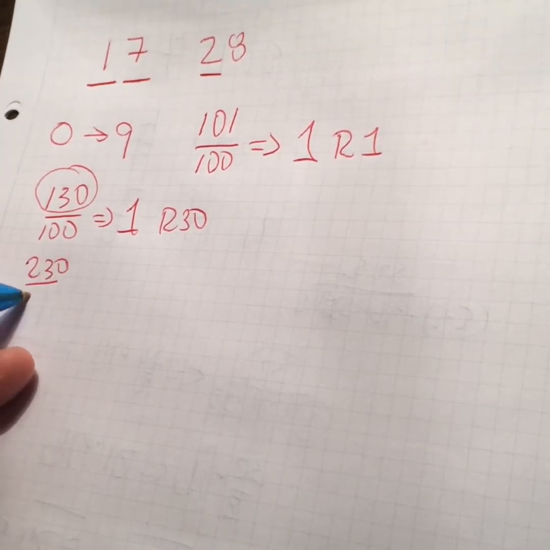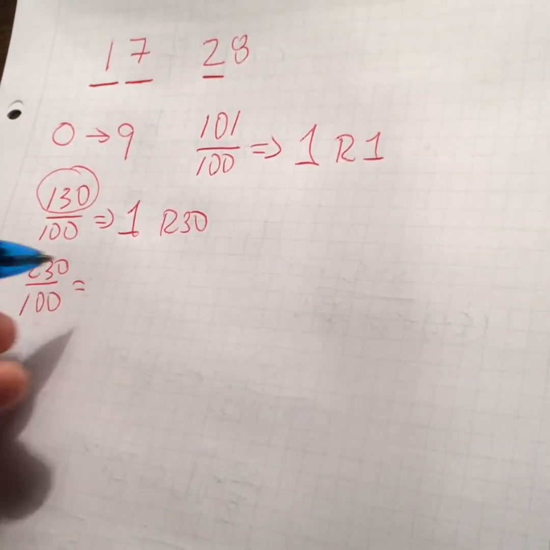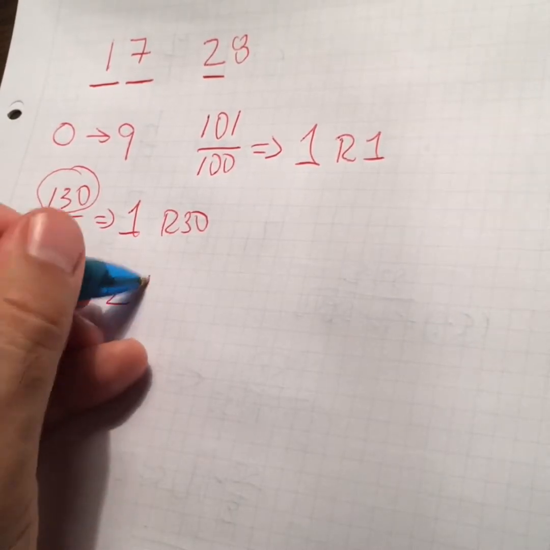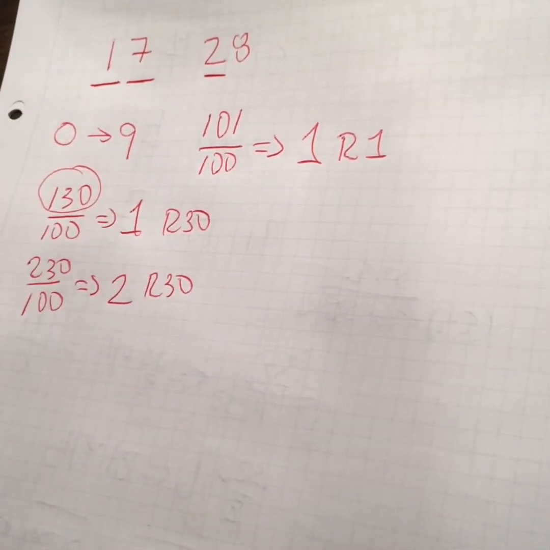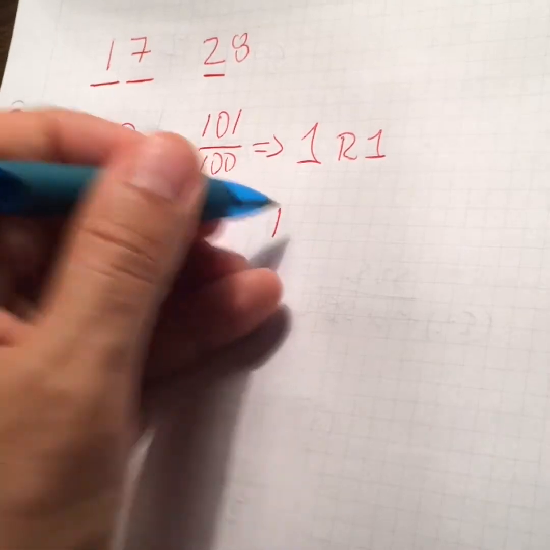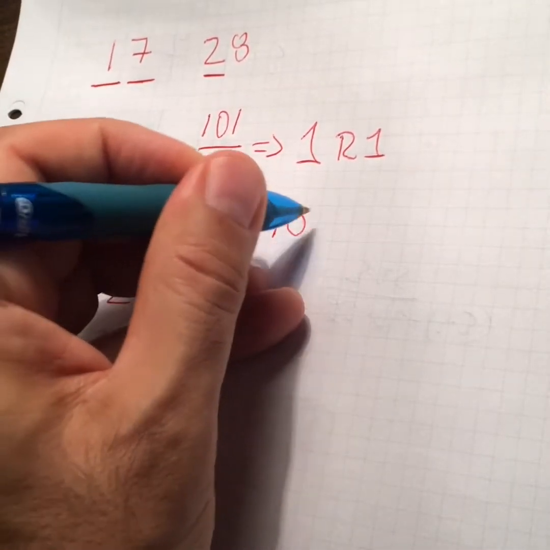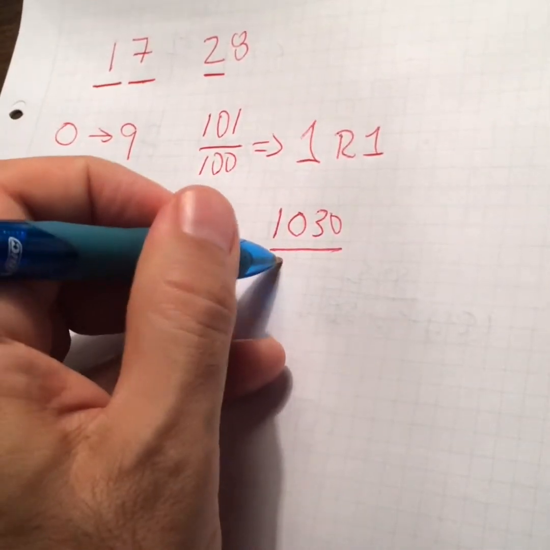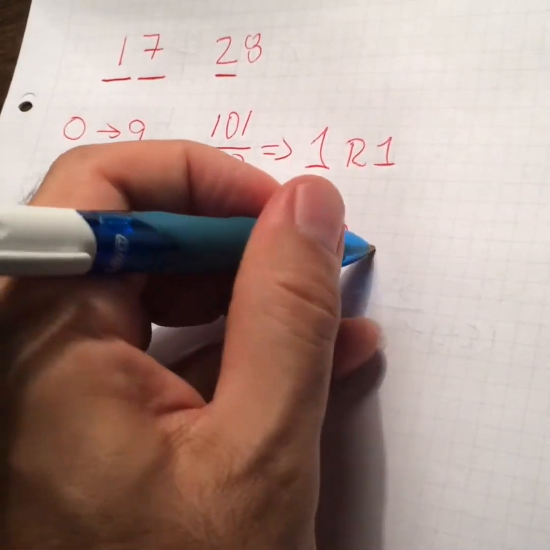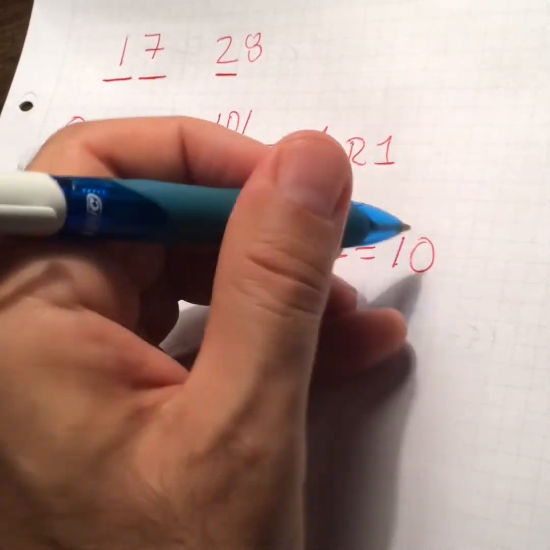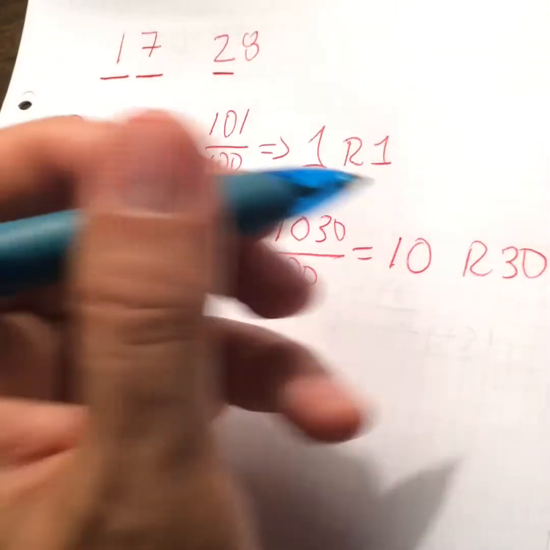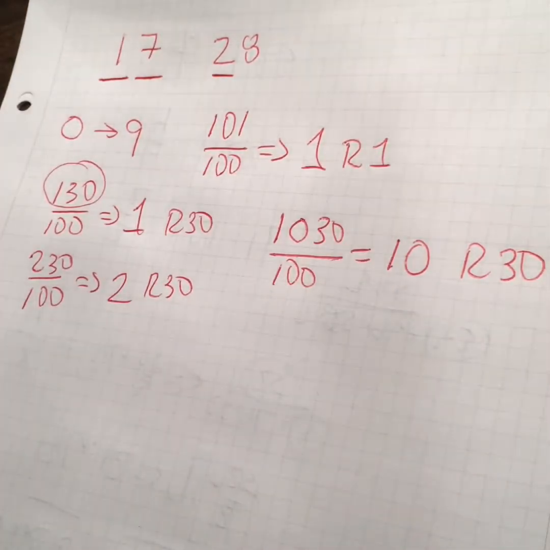Well, 230 divided by 100 gives us 2 with a remainder of 30. And additionally, we can go all the way to, let's say, 1030 divided by 100, which gives us 10 with a remainder of 30. So what we might start seeing is a pattern.